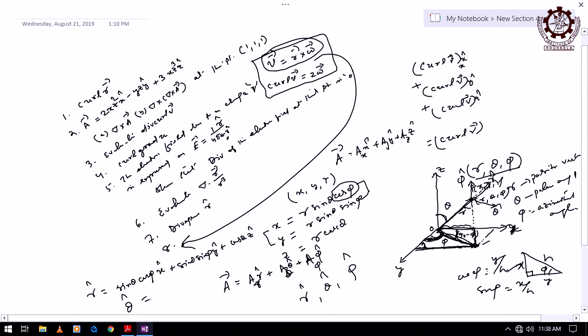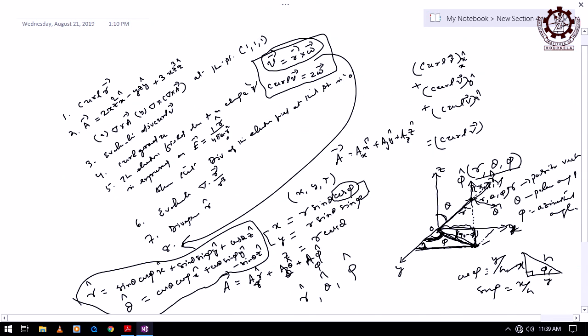These are unit vectors, r cap, phi cap, theta cap. What will be the value of theta cap then? Theta cap will be cos theta cos phi x cap plus cos theta sin phi y cap minus sin theta z cap, right?